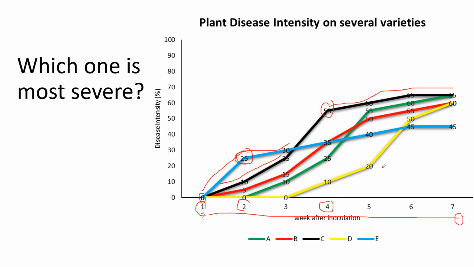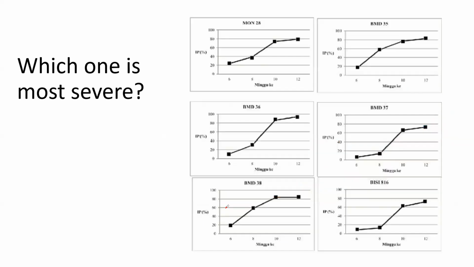We have a number here. We can use this number to answer that question. How to answer it? We use the area under the disease progress curve. That is the size of the area under the disease progress curve. You can see from here, the size of this area looks bigger than this one.